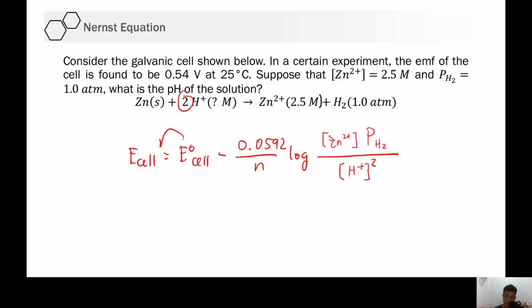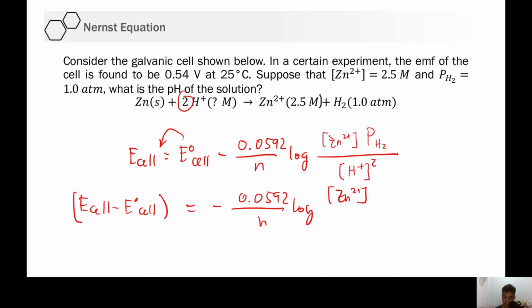You transpose this to the other side, so you will get E cell minus E naught cell equals negative 0.0592 over n log of zinc 2 plus, pressure H2, H plus squared. And then we have to cross multiply the coefficient before the log function.